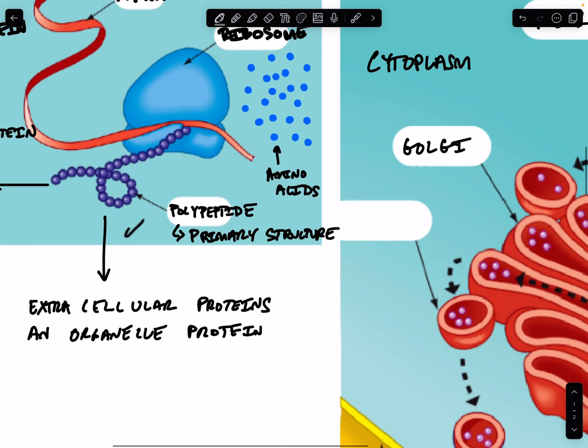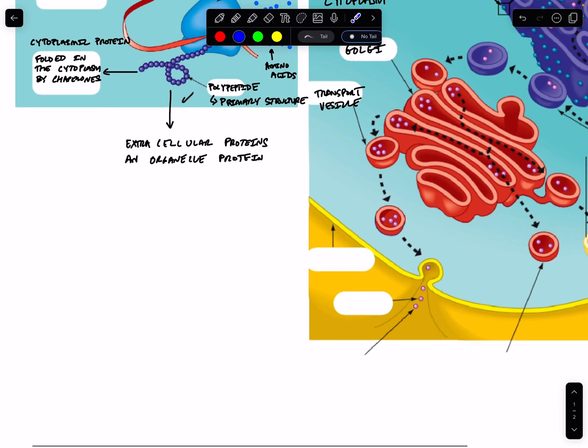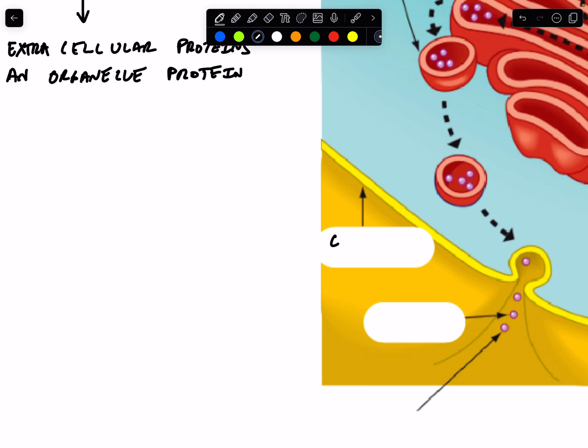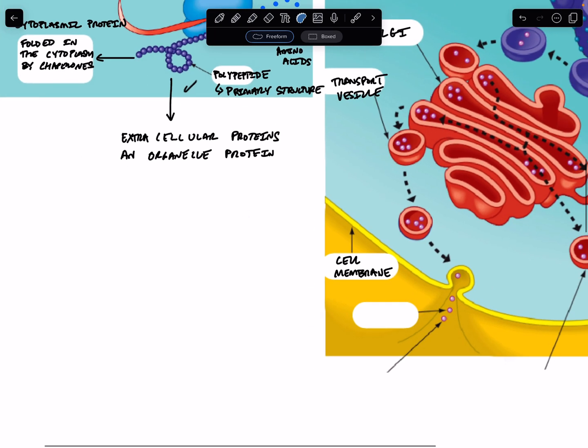From there, there are two different destinies for the final protein. It might end up in a transport vesicle that fuses with the plasma membrane or the cell membrane. And if that happens, the protein that was inside the vesicle is now outside the cell.